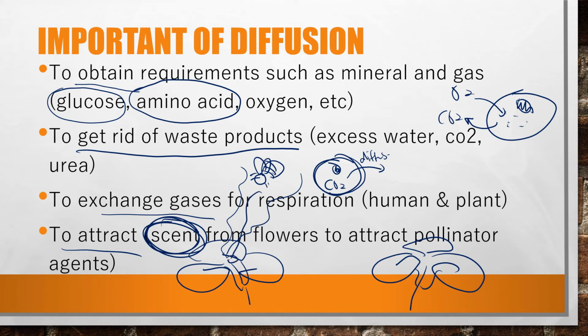So dia akan hinggap. Sambil-sambil dia hinggap tu dia akan sedut sekali nektar ataupun kita panggil sugary thing. Benda-benda yang bergula dalam bunga ni kan. So bila dia sedut nektar daripada bunga ni, butir-butir dia bunga tu akan melekat pada badan lebah ini.